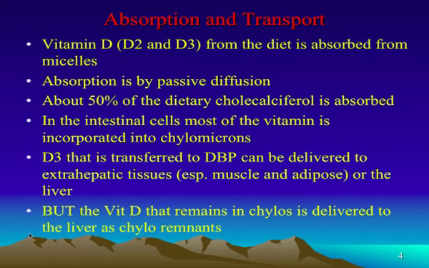Let's skip to the last one. The vitamin D that is in chylomicrons is delivered to the liver in chylomicron remnants. So most of the vitamin D in chylomicrons, as they go through the blood, tends to be held on to, so it ends up in the liver. So most dietary vitamin D goes to the liver first.